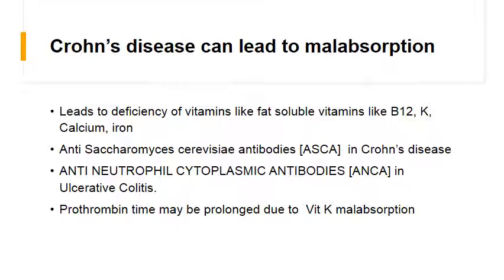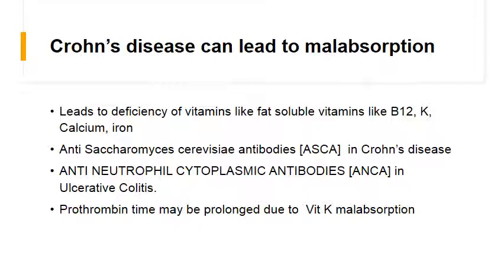That means Crohn's disease affects the small intestine, and the small intestine is responsible for absorption of many fat-soluble vitamins like vitamin K, vitamin E, vitamin D, vitamin A, and vitamin B12, which is bound to intrinsic factor in the stomach and then is absorbed in the small intestine. So Crohn's disease can affect the absorption of all of these. Why? Because it can affect any part of the intestine.